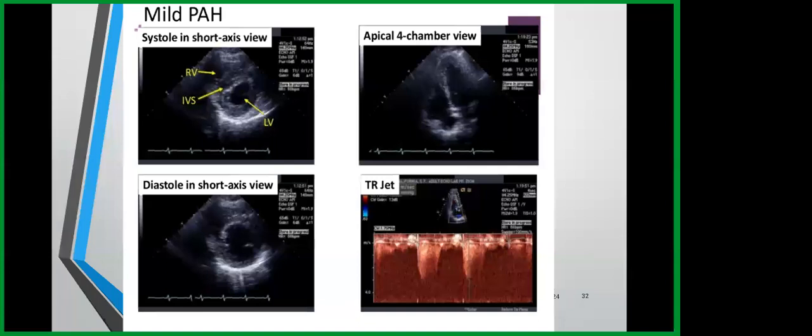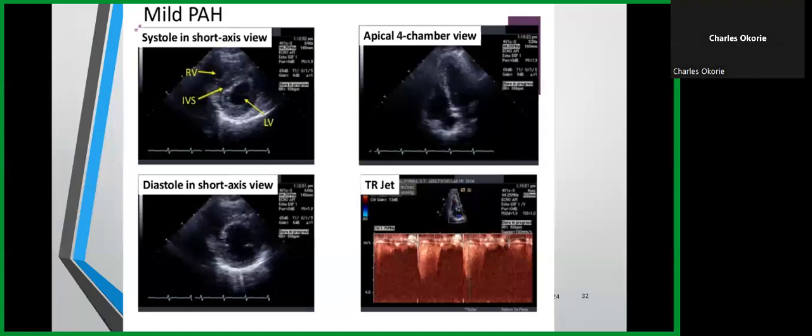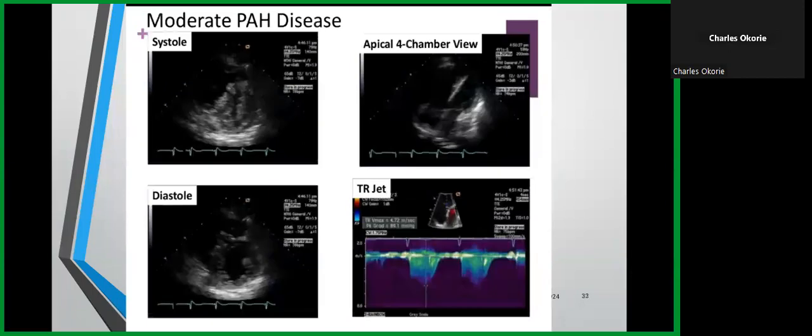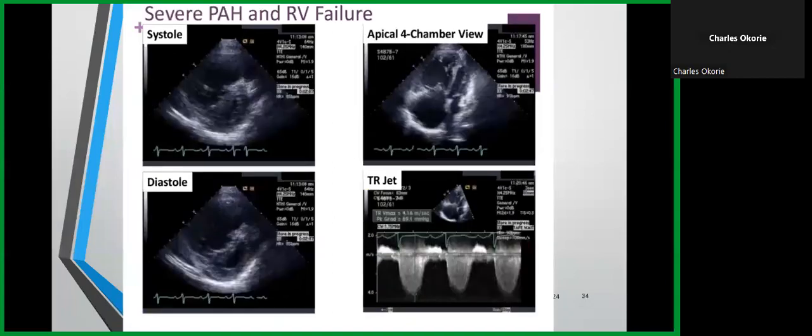Then you can see the TR, the color. One of the ways you know severe TR is by the density of the jets when you put your continuous wave. It's not that dense, but by the time it gets to moderate, you can see it begins to shift. These pictures are not so clear. By the time it gets to severe, you can see the TR.